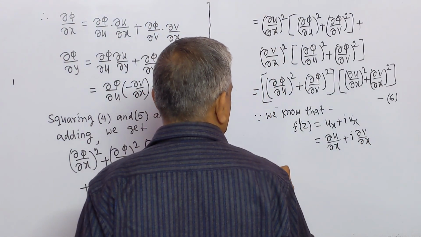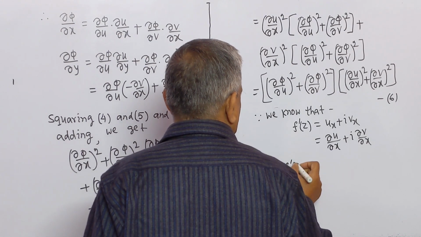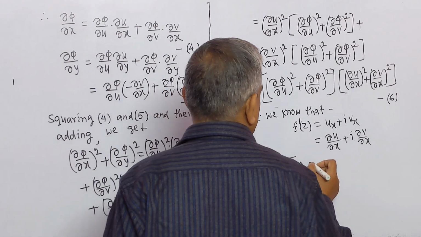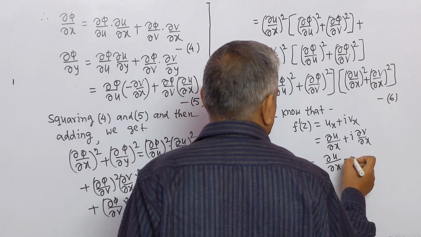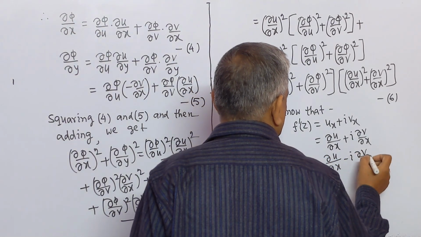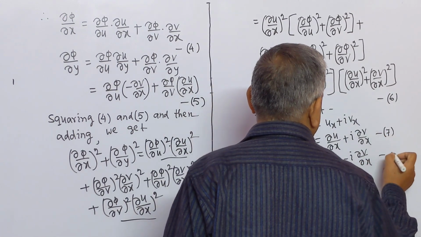Taking conjugate, f prime z conjugate equal to del u by del x minus i del v by del x. Let this be 7, this be 8.